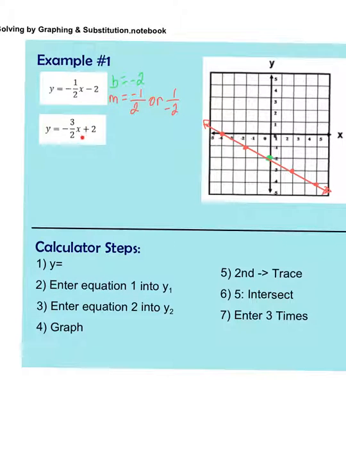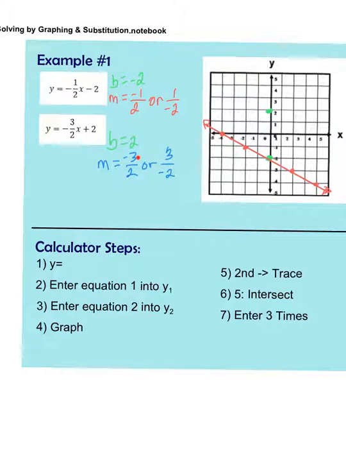So this is my y-intercept, and this is my slope. I'm going to start graphing at my y-intercept, which is +2, and then my slope is -3 over +2, or change both signs, +3 over -2.